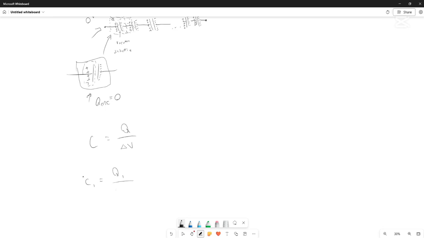And so that implies if we divide over the C1 and multiply it over to delta V, that delta V1 is equal to the charge over the capacitance, which is then equal to 9.5 volts. And so that is the potential across that plate.